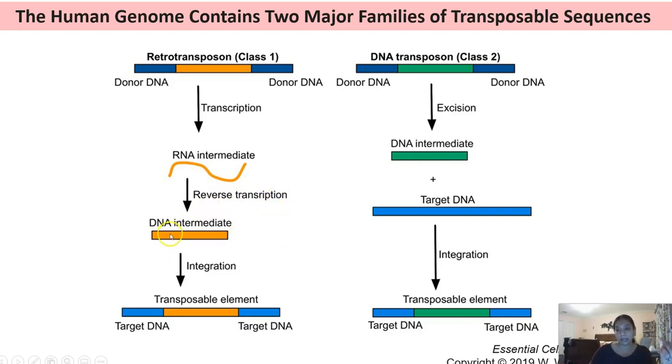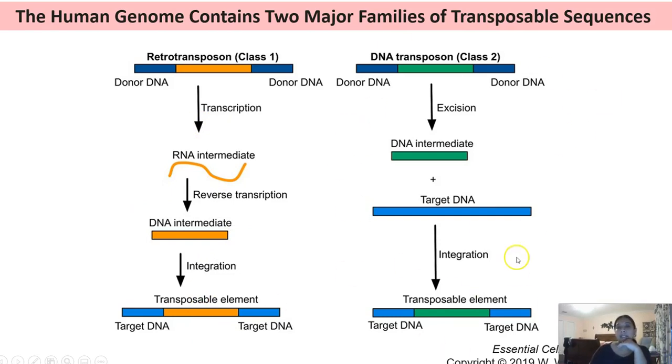And once that double-stranded intermediate is made, it will get integrated into the target DNA. So in this case, you're going to keep that donor DNA with the retrotransposon in it. You're going to transcribe it into an RNA intermediate, then reverse transcribe it back into DNA, and then get integrated into a new sequence. So you end up with two at the end of the day.